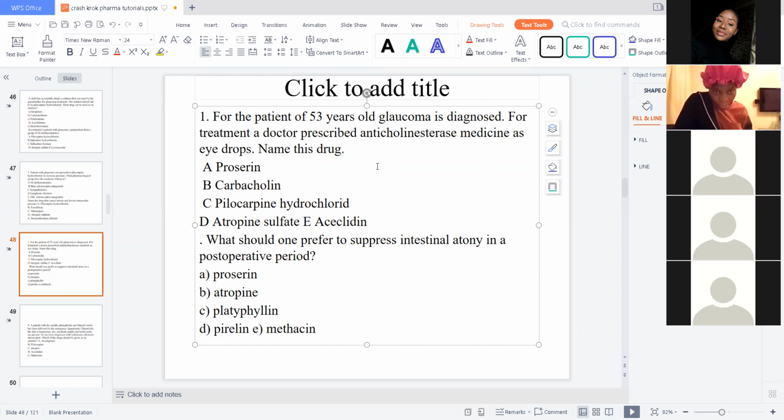Yes, that's correct. Good job. Next is Dauda. What should one prepare to suppress intestinal atony in post-operative period? Proserine. Yes, that's correct. Good job.